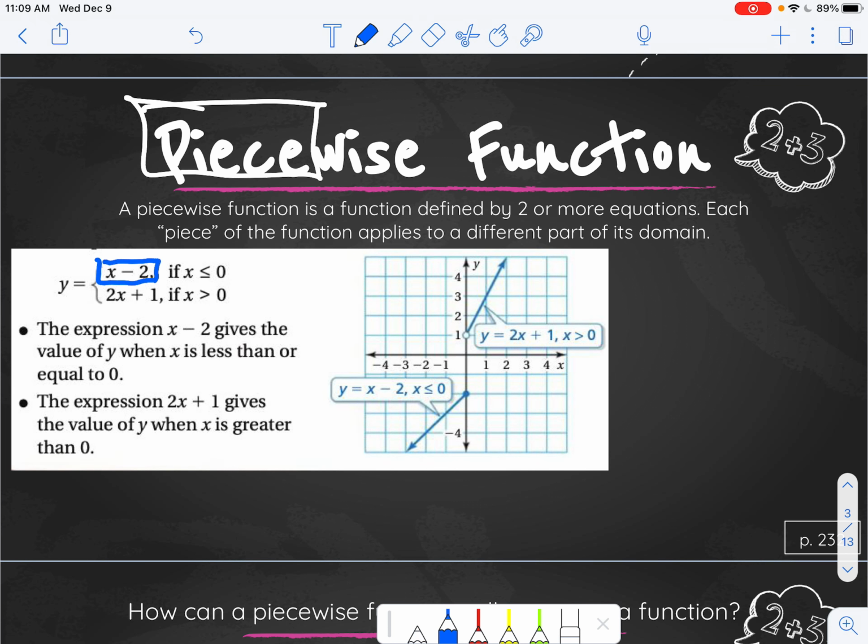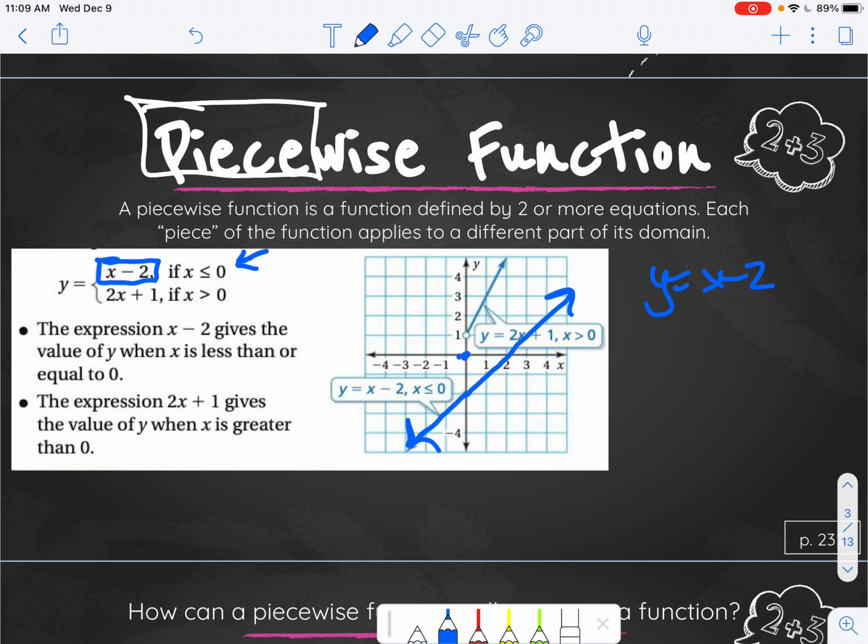If we just have y equals x minus 2, then that would be this line down here, and it would keep going, and it would look something like this. Now in a piecewise, they give us a condition. So they say we have this line x minus 2, but we only want to use this line if x is less than 0.